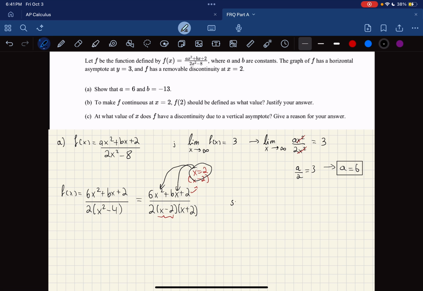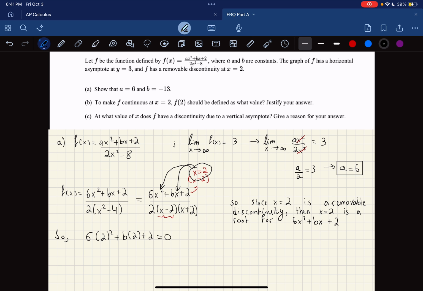So, since x equals 2 is a removable discontinuity, just a minor explanation will never hurt, then x equals 2 is a root for 6x squared plus bx plus 2, which means that 6 times 2 to the power of 2 plus b times 2 plus 2 is equal to 0.